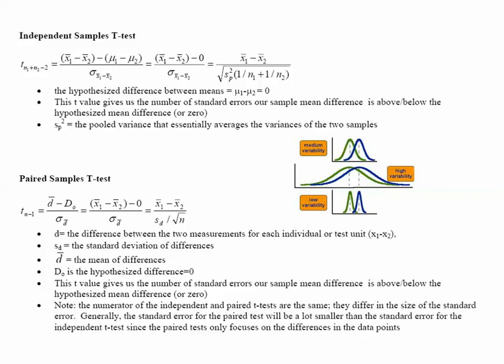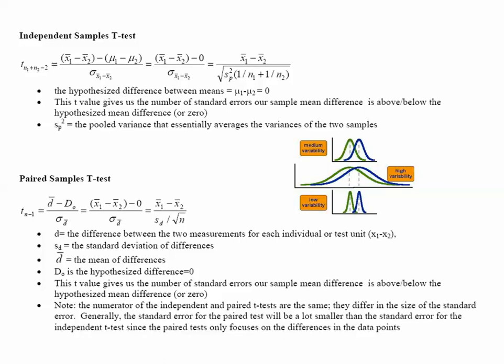Now paired t-tests are fundamentally different. In paired t-tests, we're not asking is the mean of the first different from the mean of the second. We're comparing each individual observation, and we're saying, is the first observation different than the second observation, or is the mean of the differences equal to 0?